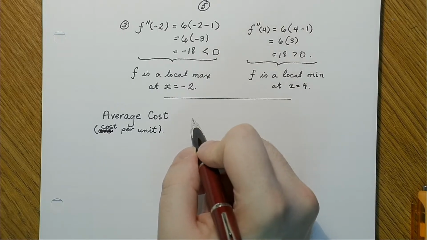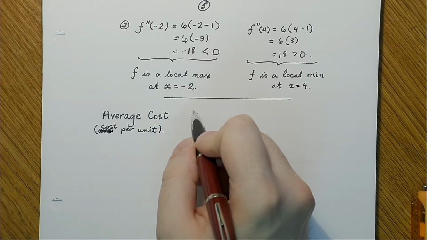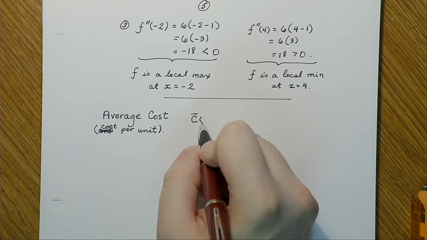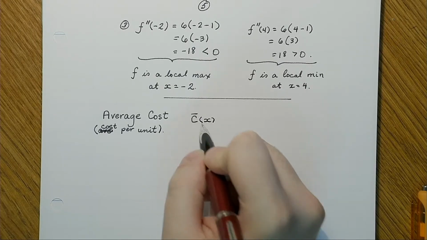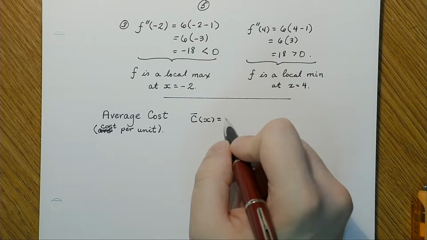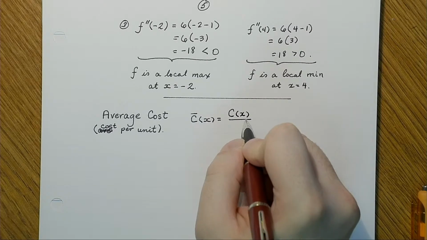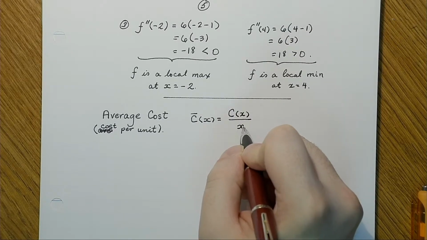When they say the average cost, average usually is denoted with a bar over top of the letter. And we have our cost function. So this is what we'll call the average cost, and it's the cost function per unit, so per x.